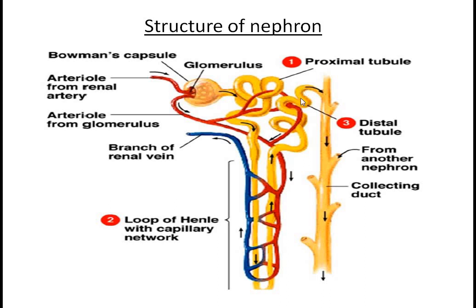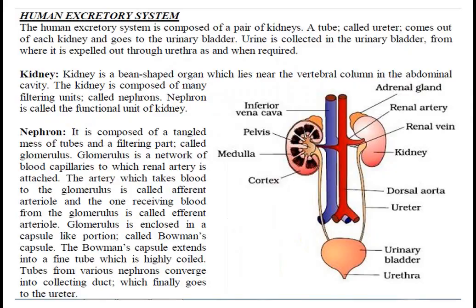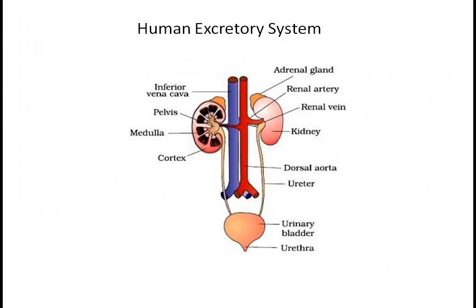Then the nitrogenous waste, urea, uric acid, etc., dissolved in water, is collected in the collecting duct, and from the collecting duct it is sent to the urinary bladder through the ureter from the kidneys. We can see the structure of kidneys here.